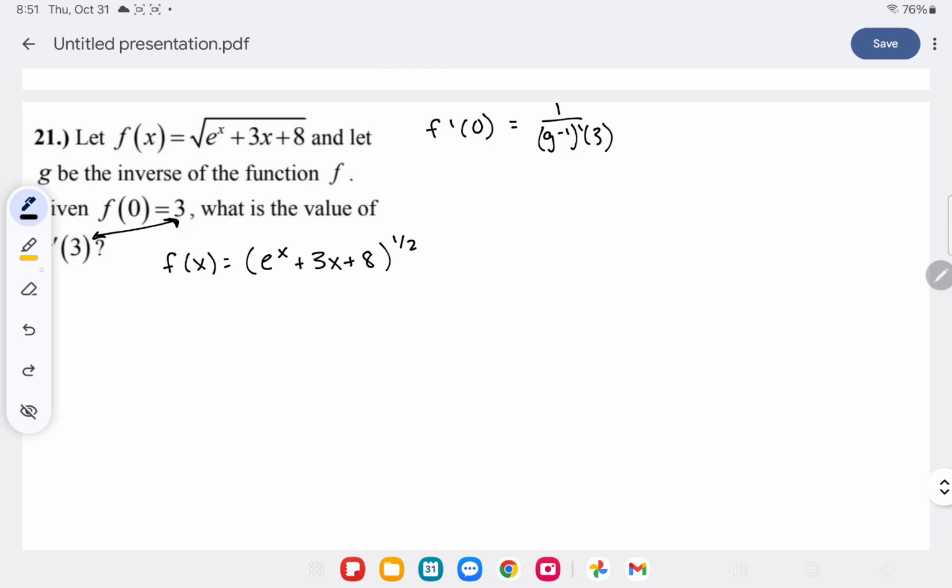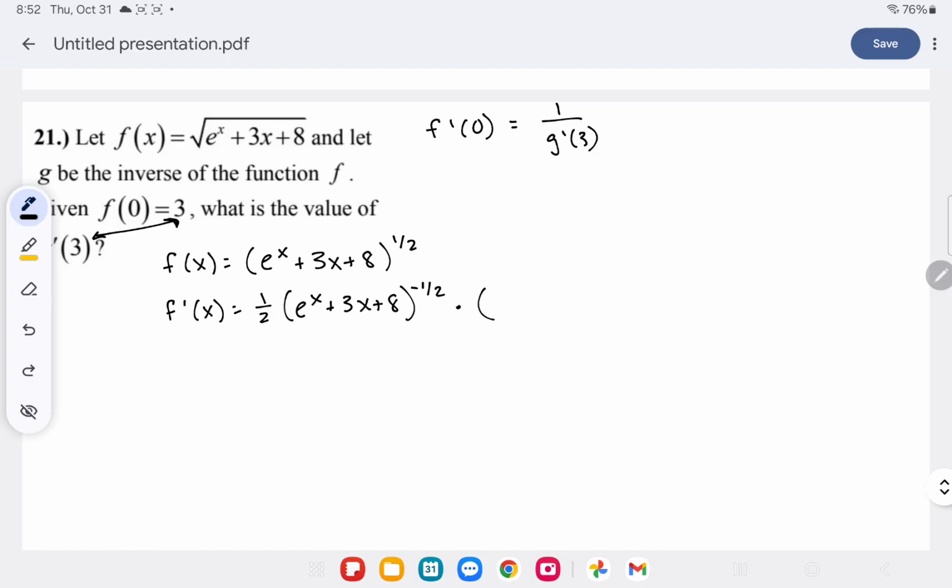Or I guess g is the inverse, sorry. So the derivative of g at 3. So we're going to find the derivative of f. I'm going to use the power rule. Then I'm going to use the chain rule.